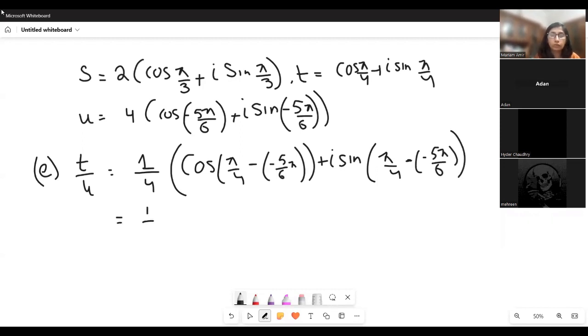So that is 1/4 of pi by 4 plus 5 by 6. That is 13 by 12.